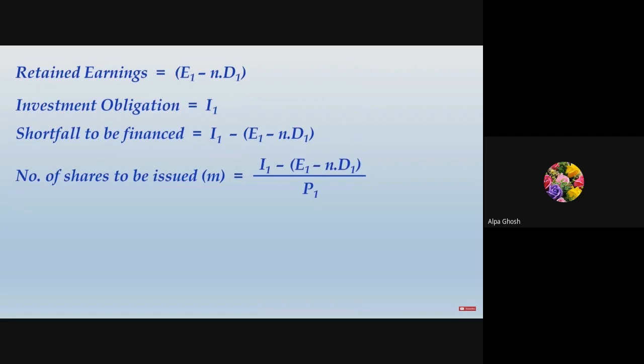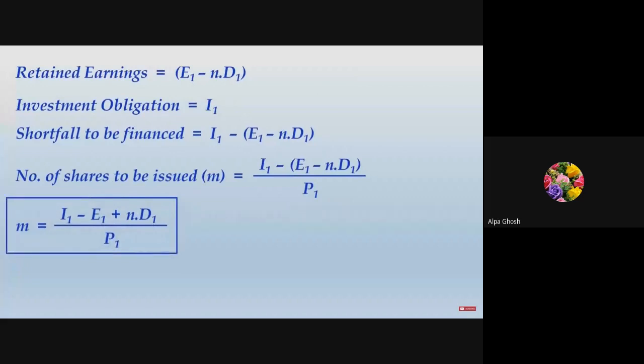So we now write a new intermediary formula, that is the formula for M, the number of shares to be issued, and that intermediary formula is going to be very, very important for all our calculations ahead. M equals I1 minus E1 plus N into D1, divided by P1.